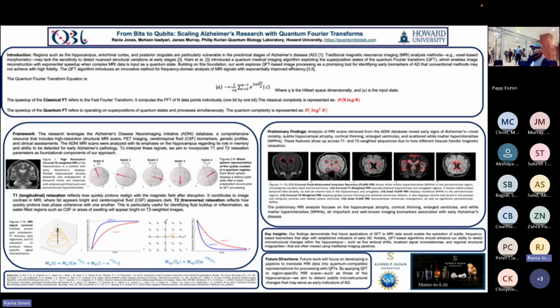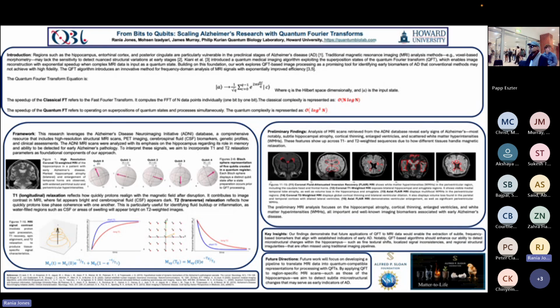Unlike classical bits, which can only exist as 0 or 1, qubits can exist in a superposition of both states simultaneously. I included the diagrams to help me and my audience build an understanding of how MRI information could eventually be encoded into these quantum states before applying algorithms like QFT.